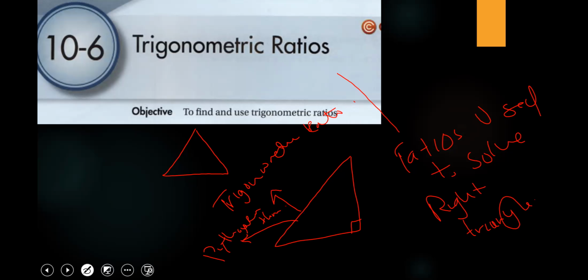The Pythagorean theorem is related to the length of the legs and the hypotenuse. The trigonometric ratios are related to the angles of the triangle. So the Pythagorean theorem is a way to find the length, and the trigonometric ratios are a way to find the angles. Both of them work on the right triangle.